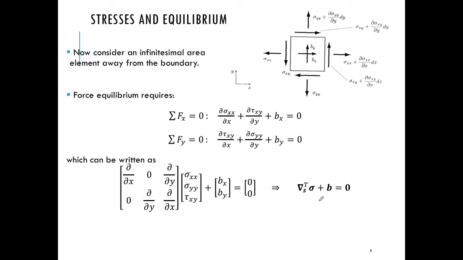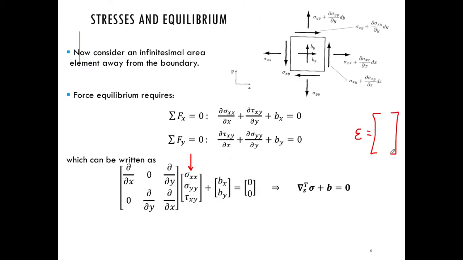So this is the transpose of the symmetric gradient operator being multiplied by the stresses, but the stresses written in vector form, a column vector form, and hence I'm going to use a new symbol, sigma, to represent the stresses written in vector format. Similarly, I had my epsilon as the strains written in vector format.